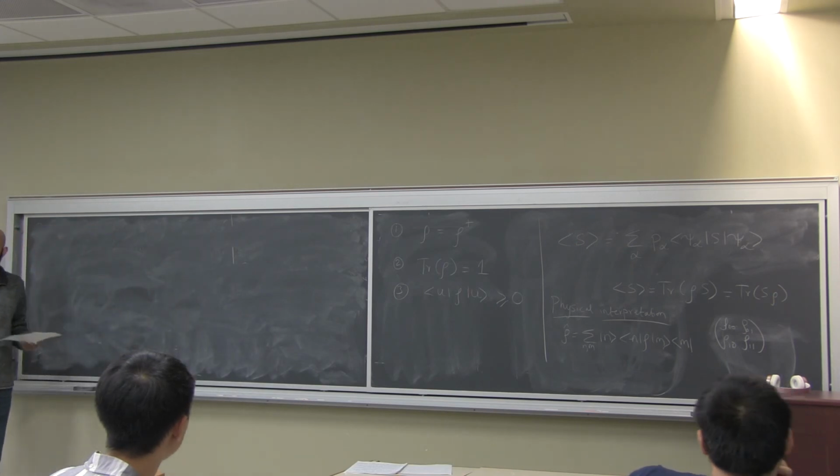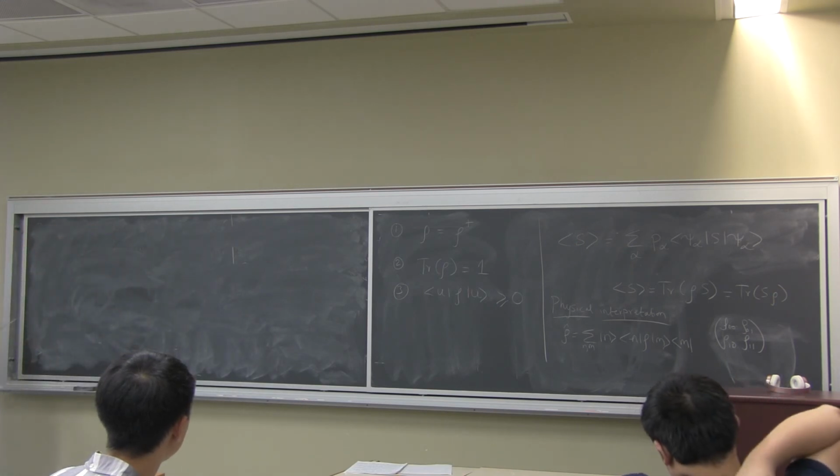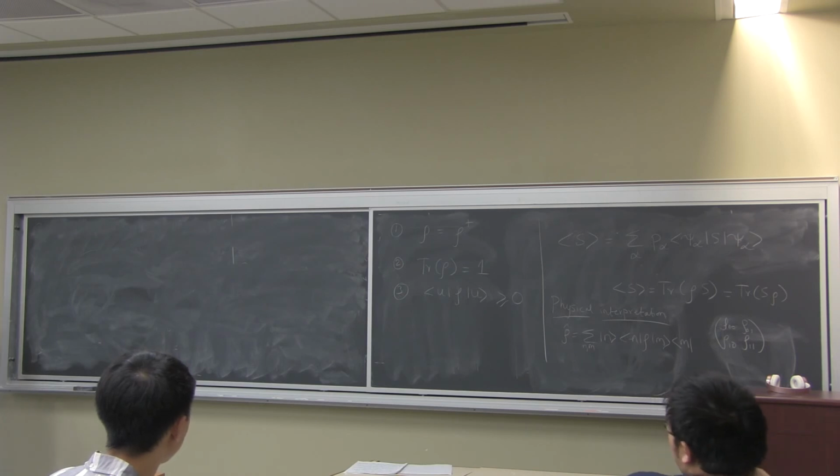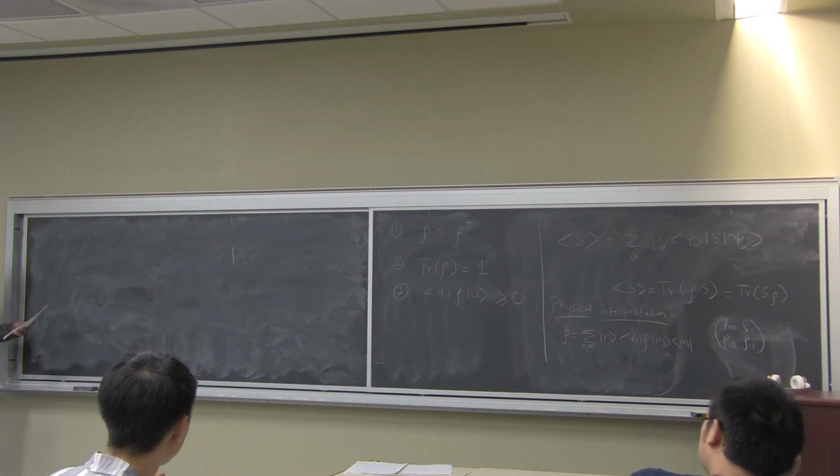So there is some phase relationship between the coefficients of the state where the system is in state M and in state N, for example. Okay?